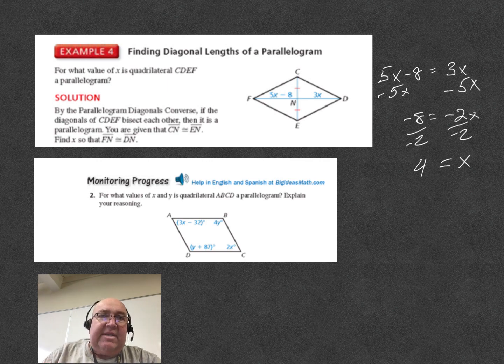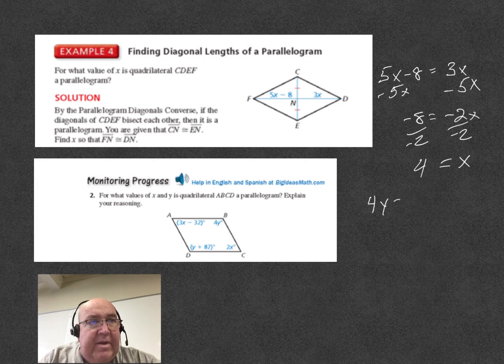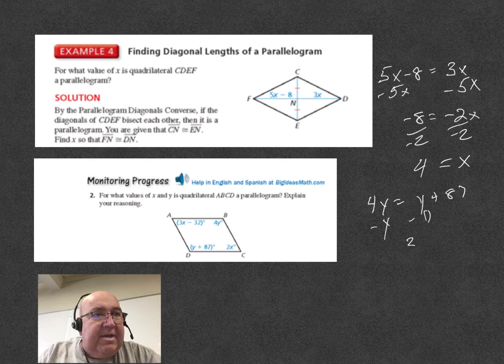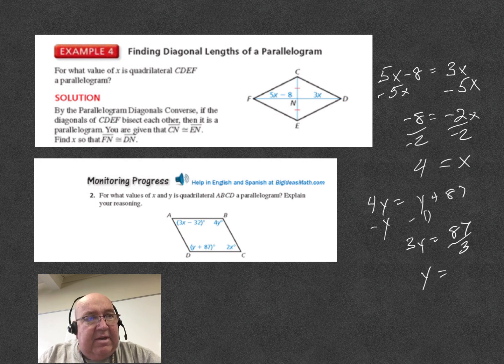Alright, so we need to find the values of x and y in that quadrilateral using angles that will make it a parallelogram. So we're going to find y first. We have 4y is equal to y plus 87. Subtract y, and I'm going to get 3y is equal to 87. Divide by 3, and y is equal to 29.